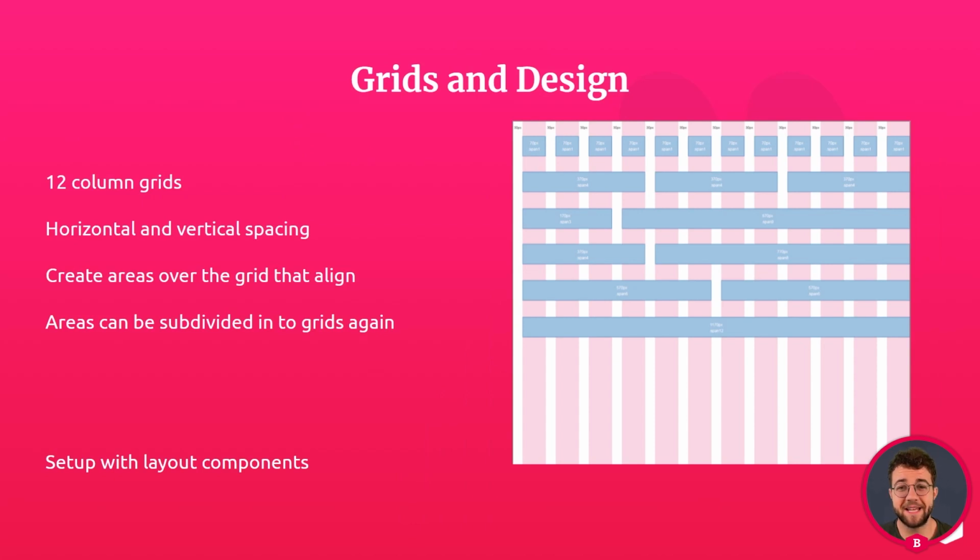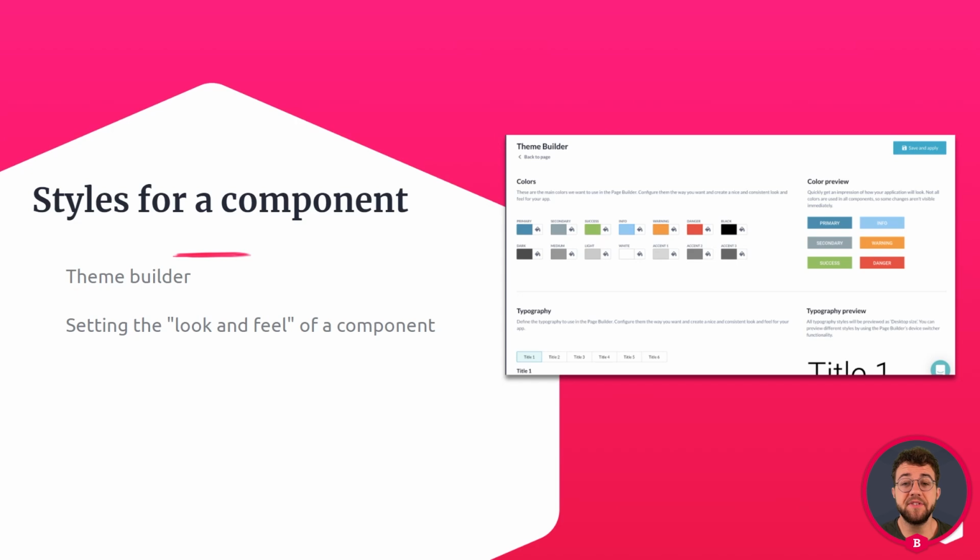Once everything's set into place and looks nice from your perspective, a mobile perspective, or anyone's perspective, you can use the theme builder to style your application. The theme builder allows you to set one generic style for all the pages that you're using. You might have seen that some of your components use the primary color or a secondary color. And we've automatically set a color for this, but we don't want to bind you to that color.